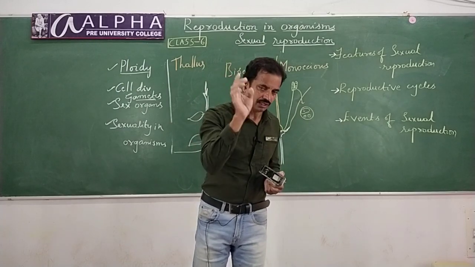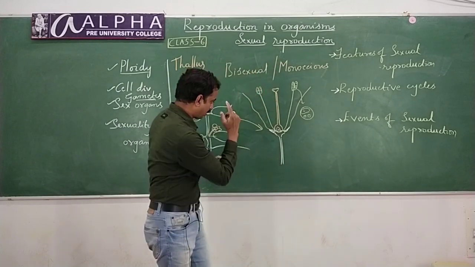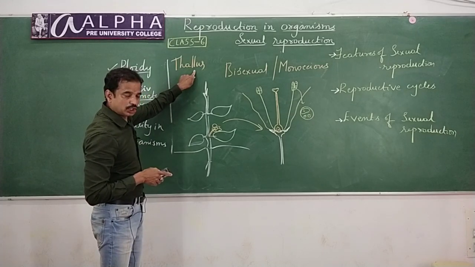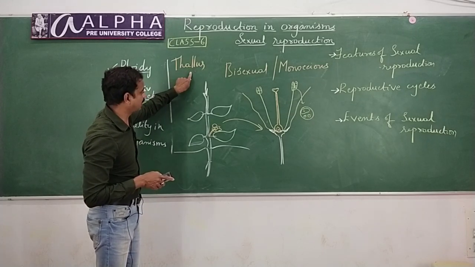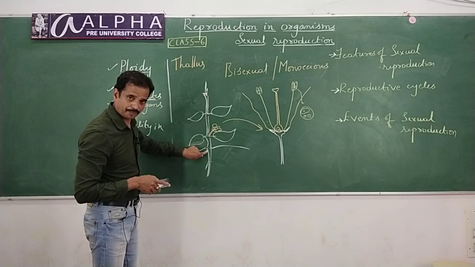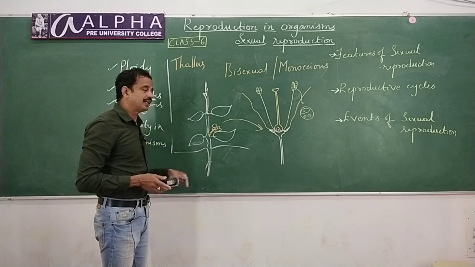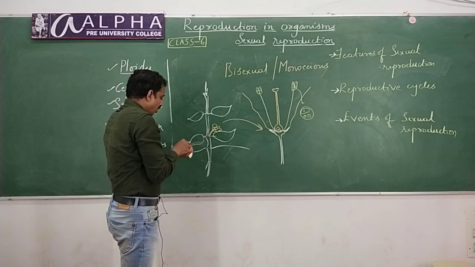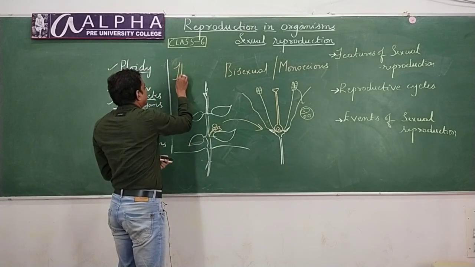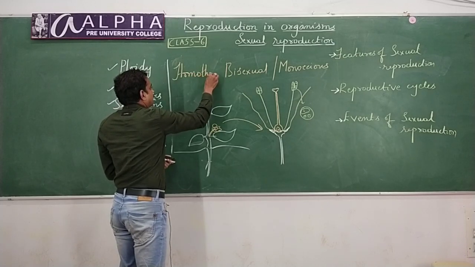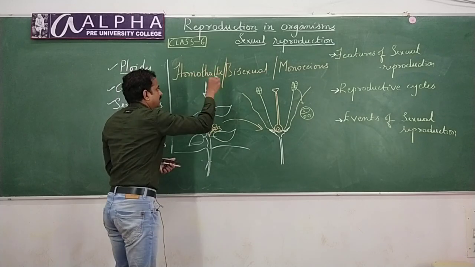And we use another term to represent the same thing. The root word for that term is thallus. Here the thallus is the same, and the same thallus bears both the male and female reproductive structures. We also call this homothallic.